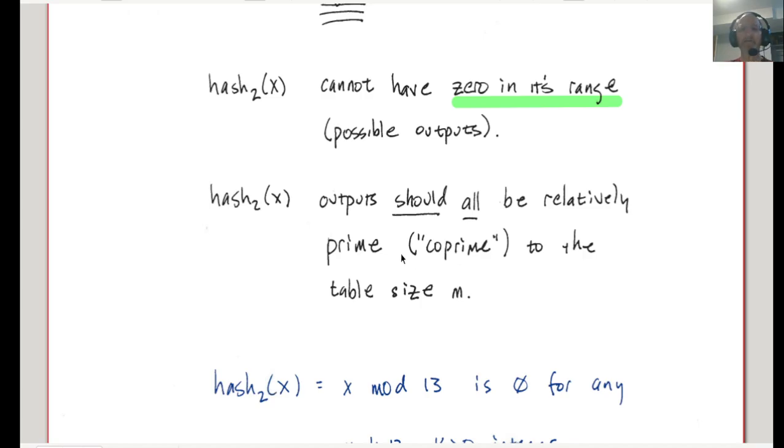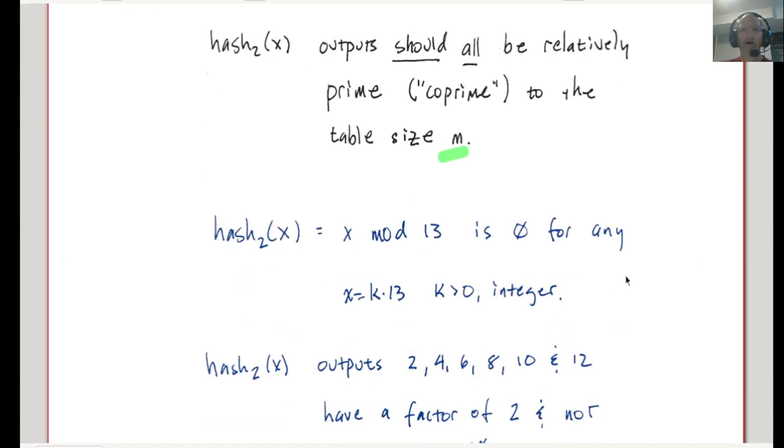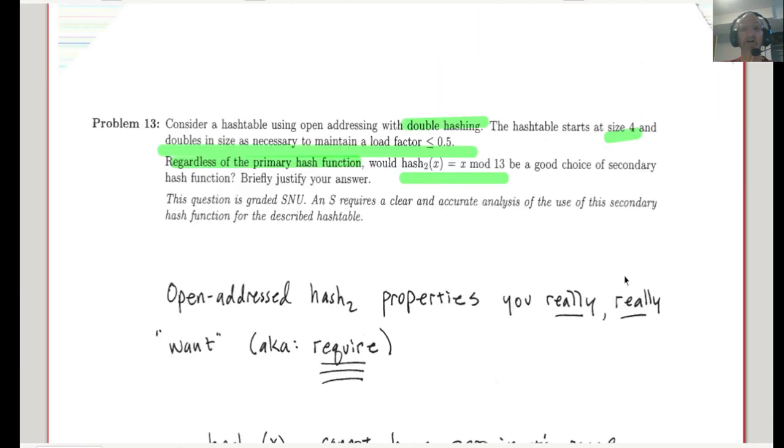And all of its outputs need to be co-prime to the table size m. All right, well, this hash function, it turns out, is not very good. So the big first answer to problem 13 is no, this is not a good choice for secondary hash functions. Let's look at why.